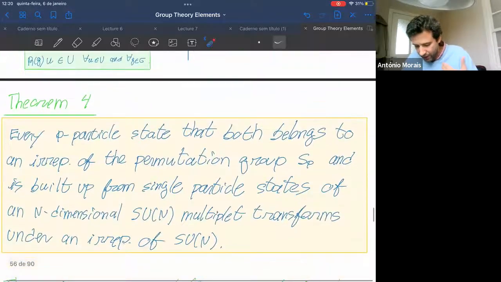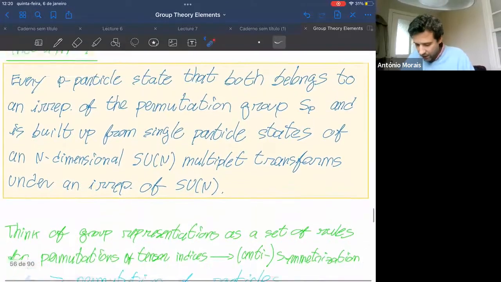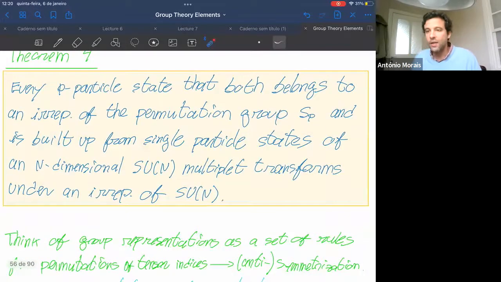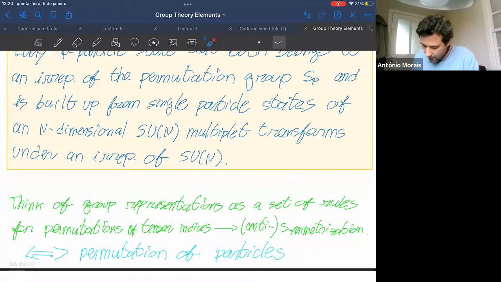So we can separate those representations and find the irreducible ones by a one-to-one mapping of the SU(N) group and the S_p, the permutation group. You can think of group representations basically as a set of rules for permutations of tensor indices.